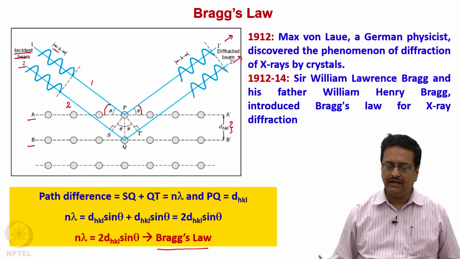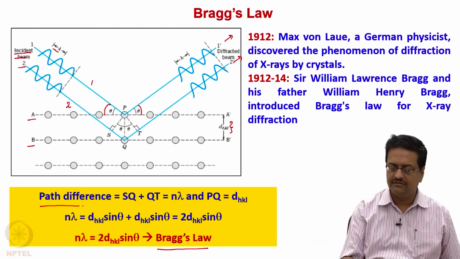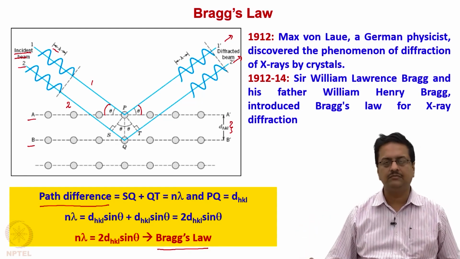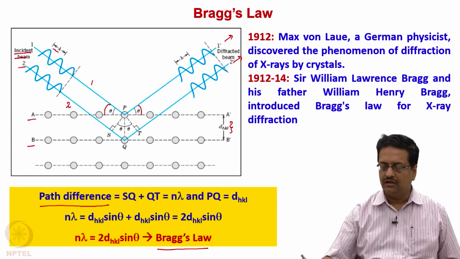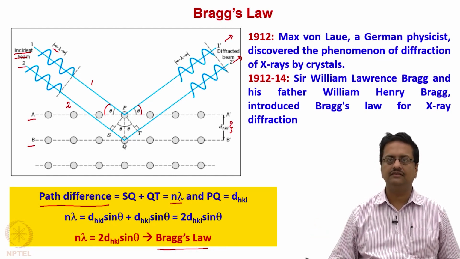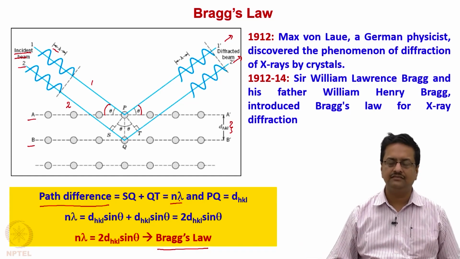So Bragg and Bragg proposed that if the path difference of these two waves, wave number 1 and wave number 2, is an integral multiple of the wavelength, then the scattering is in phase, a coherent scattering, and as a result a diffraction is observed.